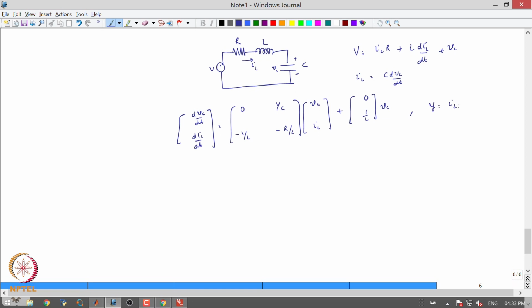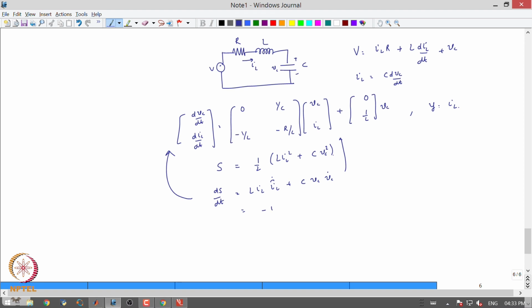Okay. Now, what is the total energy of this circuit? The total energy is half L I square plus half C V square, and if I take what is dS by dt along this dynamics, this will be L IL IL dot plus C Vc Vc dot, and I substitute for IL dot and Vc dot from here, and what I get is the following.